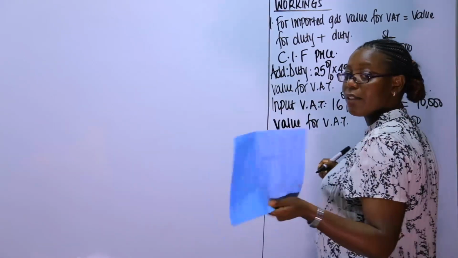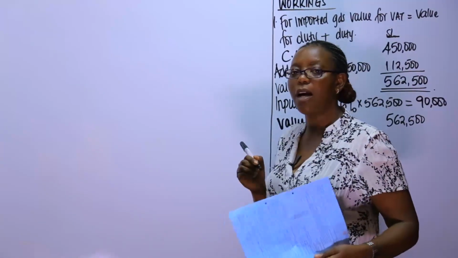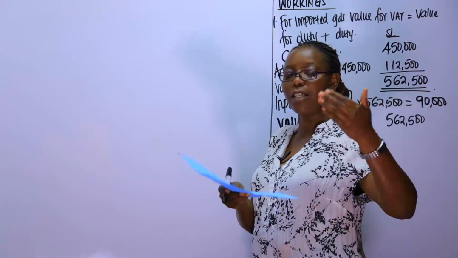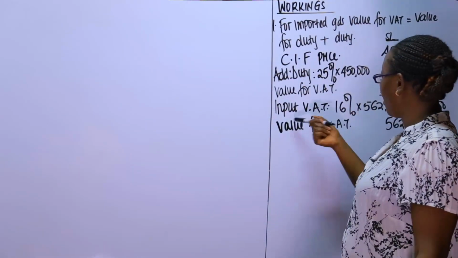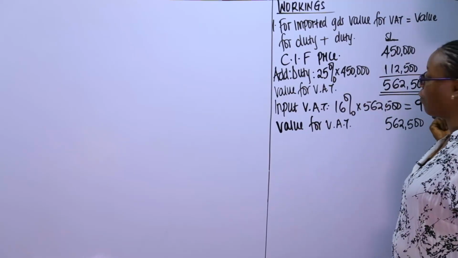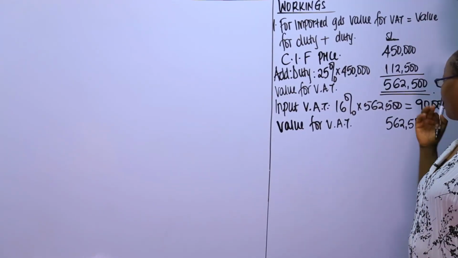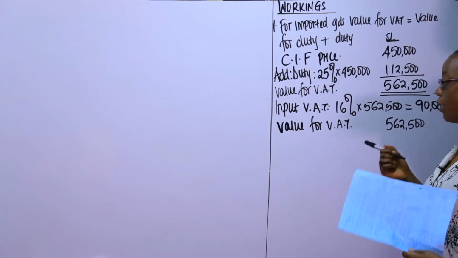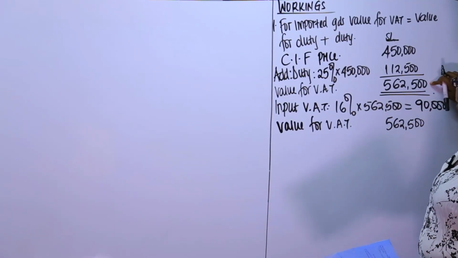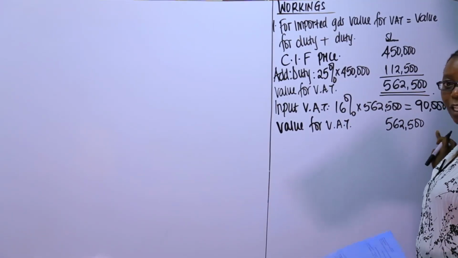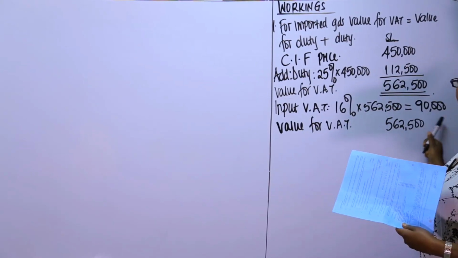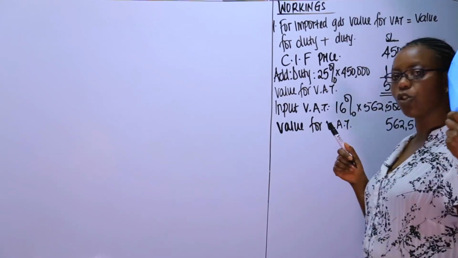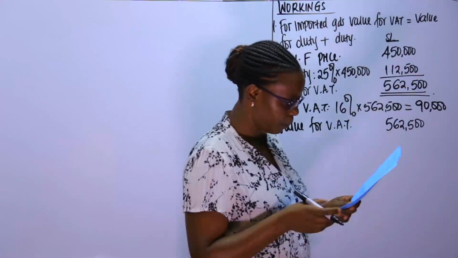You remember that VAT is not a cascading tax. You can't charge VAT on VAT. So although John has paid this input VAT of 90,000 at the point of import, we cannot add 562,500 plus 90 to arrive at the new value. So we exclude 90,000 because we are not supposed to charge VAT on VAT.